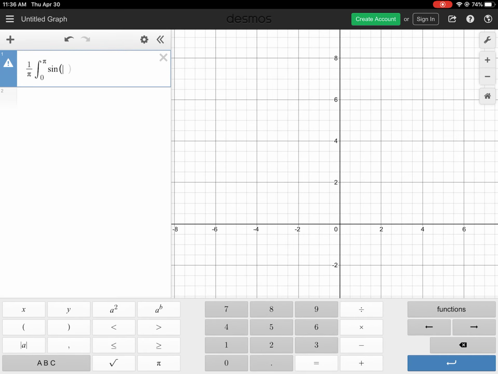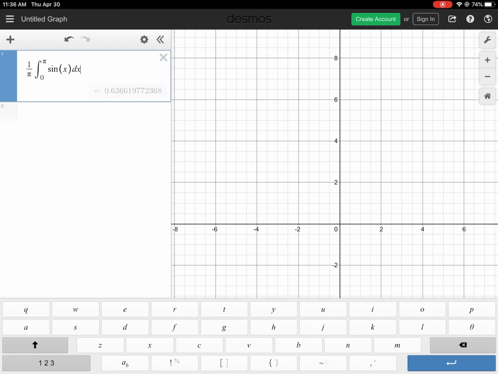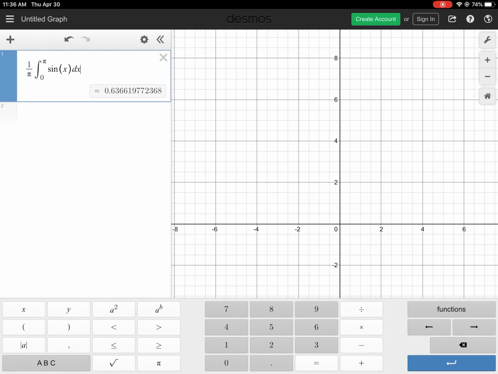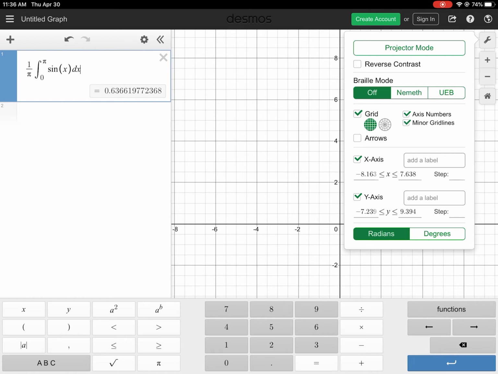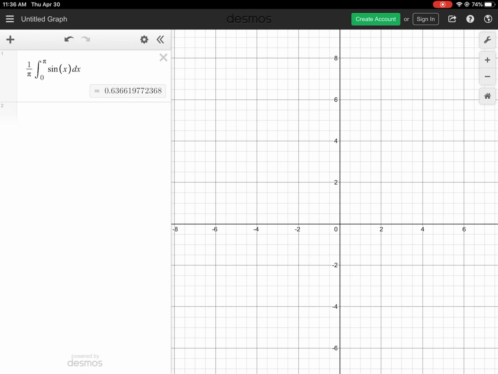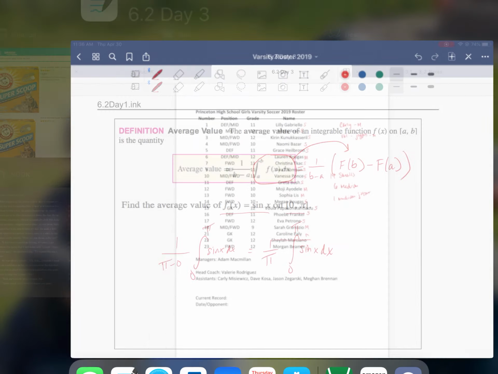Functions, trig, sine x dx. Okay, the only thing I want to check is that I'm in radians for this. Okay, good, I'm in radians, so this is correct. 0.64.